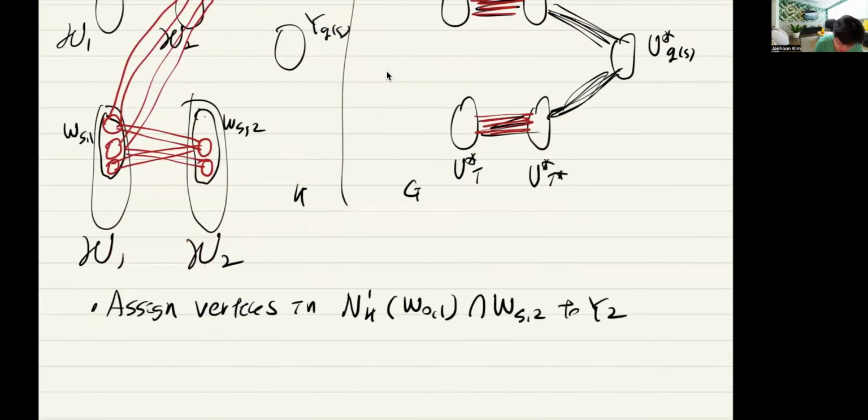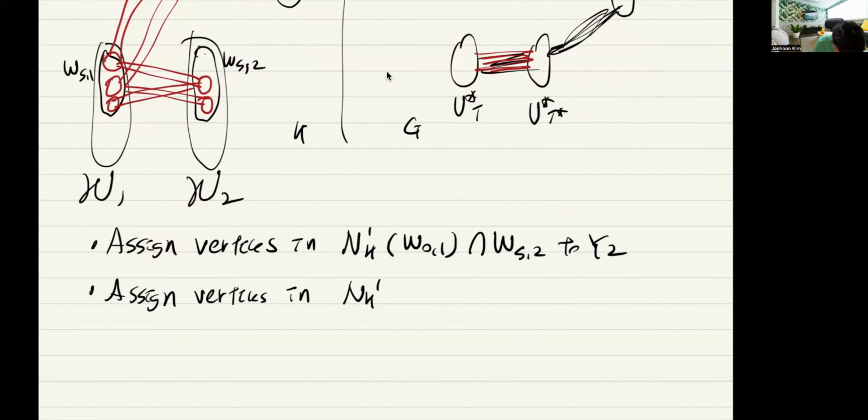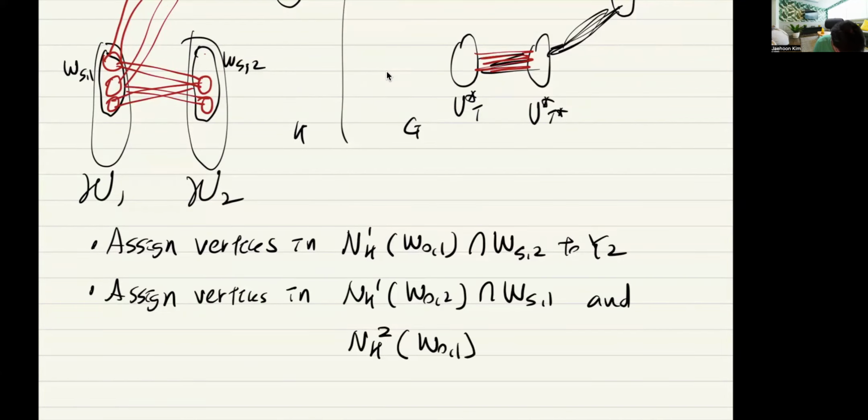So what we do is we assign all the vertices in the W02 neighborhood in H, which lies in WS1, as well as the W01 neighborhood in WS1, to YQS. So all of these to YQS.